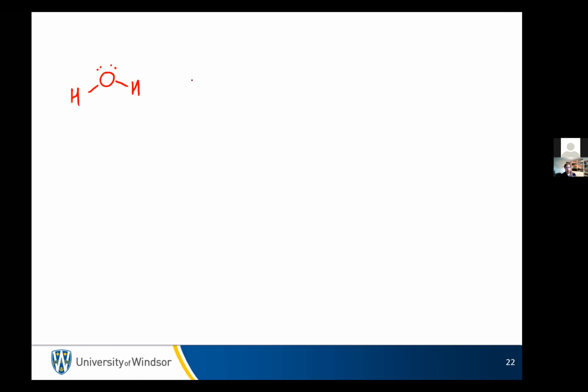Lone pairs can occupy either hybrid orbitals or p orbitals, depending. Now, let's compare water if it adopts an sp conformation, or what makes sense, maybe an sp3 conformation. So here's our favorite friend, oxygen. Oxygen's got more electrons than carbon. sp oxygen.